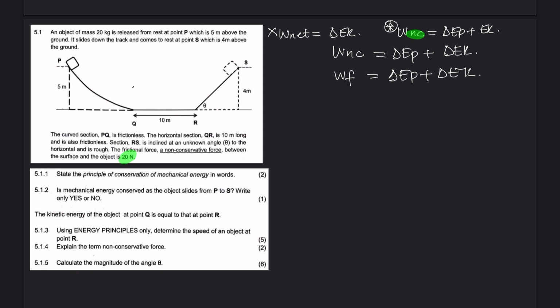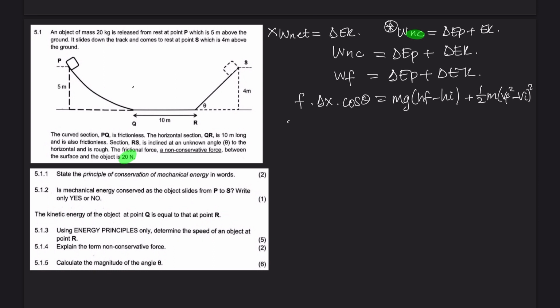Work is equal to the force multiplied by the displacement multiplied by cos theta. So it's going to be friction times delta x times cos theta. And this is going to be mg, the final height minus the initial height, plus half m, the final velocity squared minus the initial velocity squared.